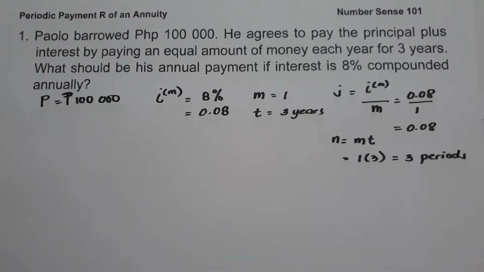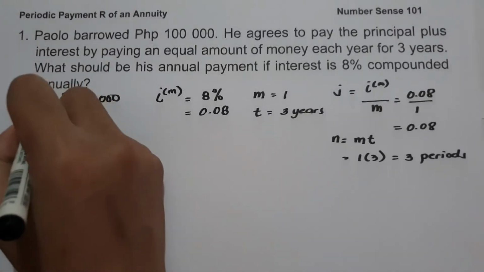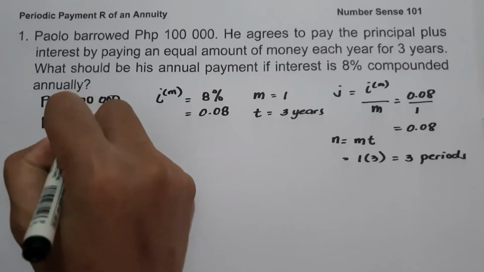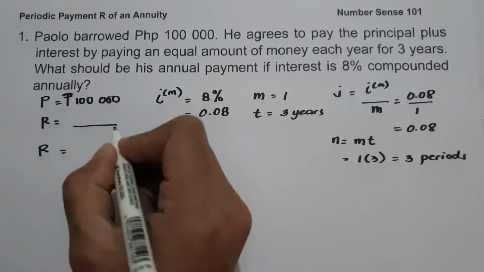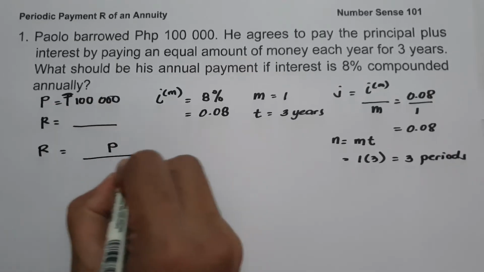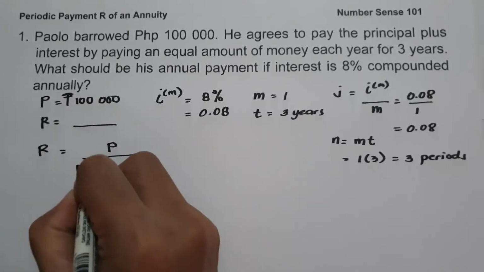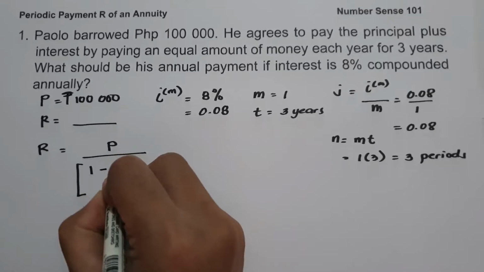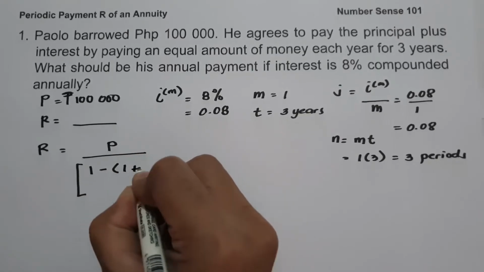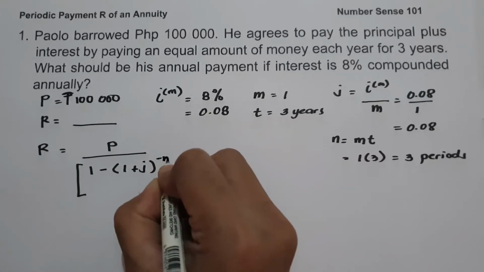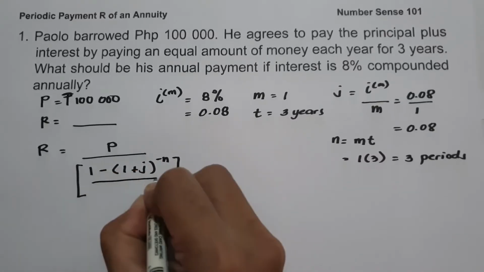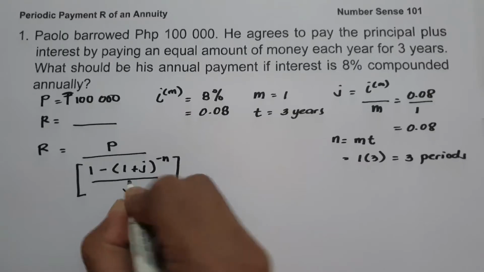And to determine the regular payment or the annual payment for 3 years, we are going to use the formula R equals P, because we have a present value, divided by quantity 1 minus quantity 1 plus interest rate per period raised to negative n all over interest rate per period.